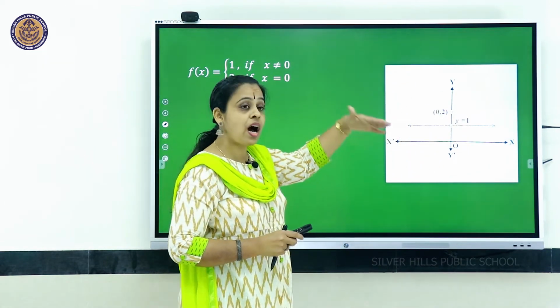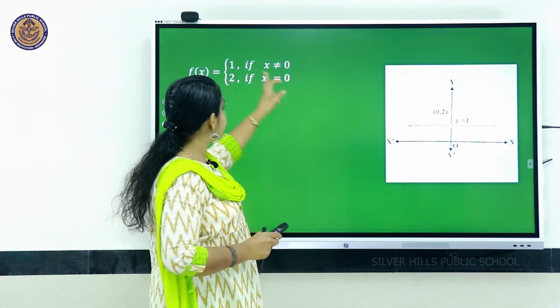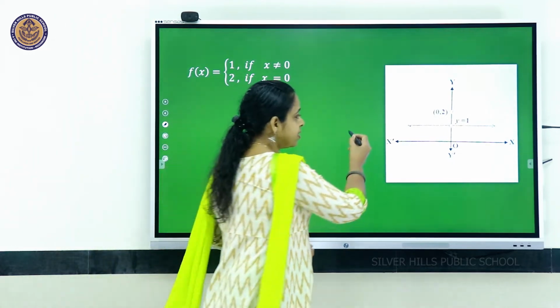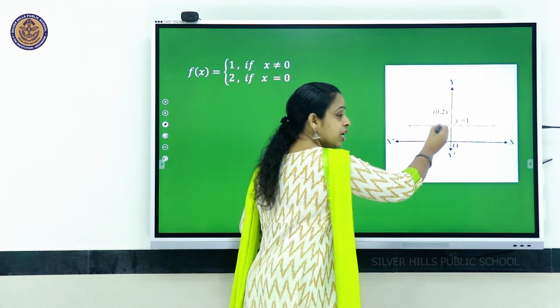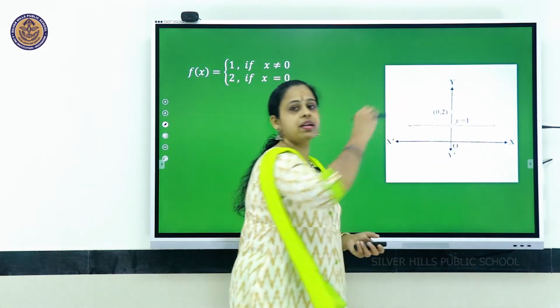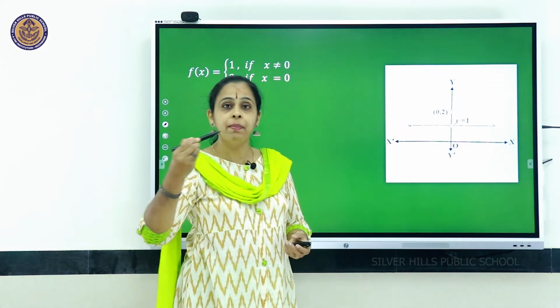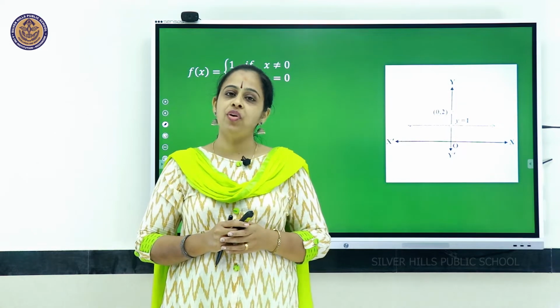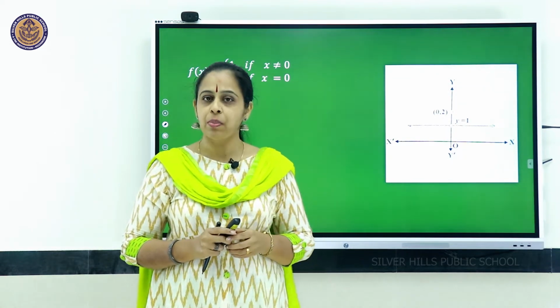When x is other than 0, it is taking the value 1. From minus infinity we started the graph, reached here, lifted the pen. At 0 we marked here, then started again. There happened a break. So, in this case also the function is discontinuous at the point x equal to 0.